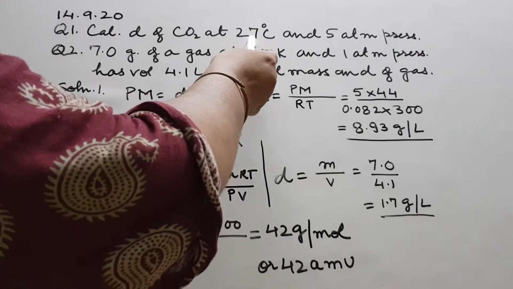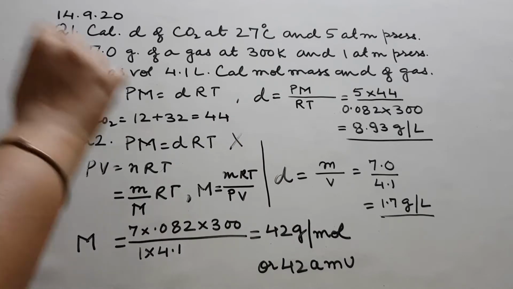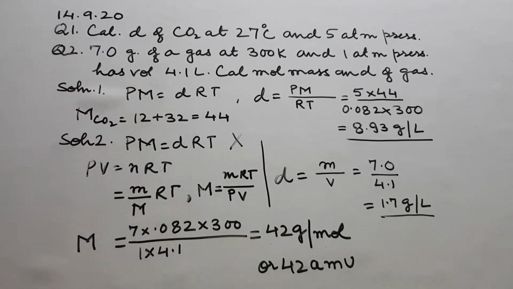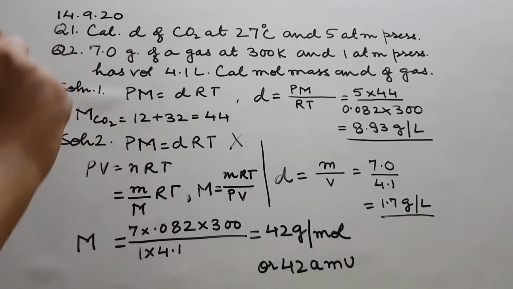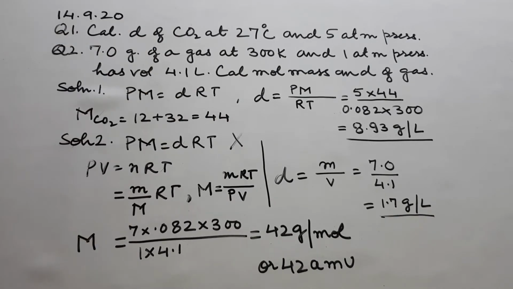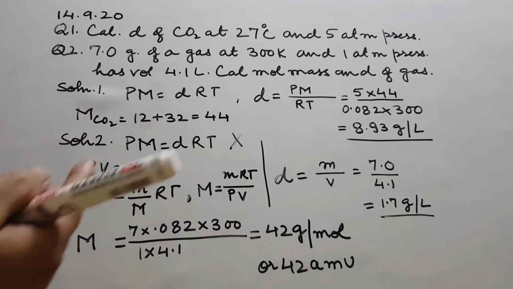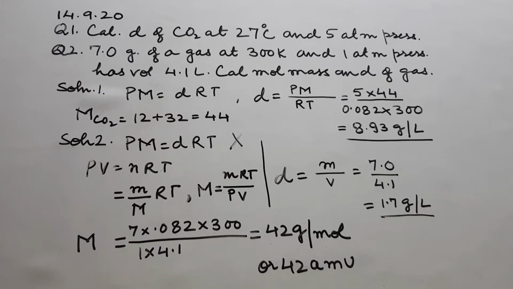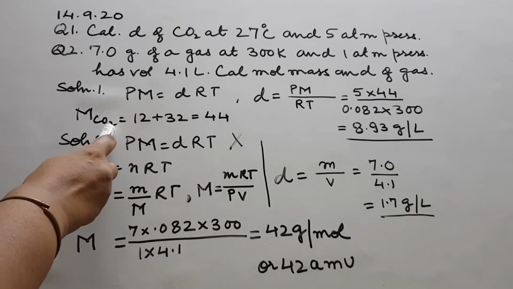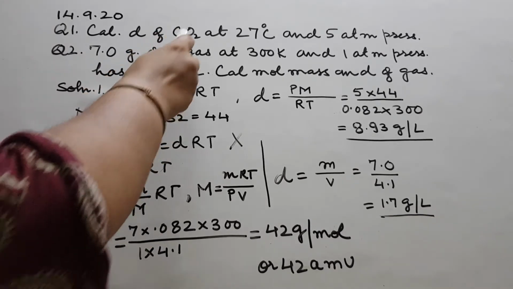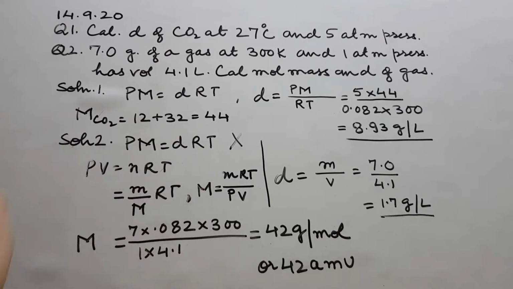T, temperature, is given to me. Now, what about M? Children, they gave us the name carbon dioxide. Once I know carbon dioxide, I can calculate its molecular mass. M of CO2 will be what? 12 for C and 32 for oxygen, 44. So I got M also.